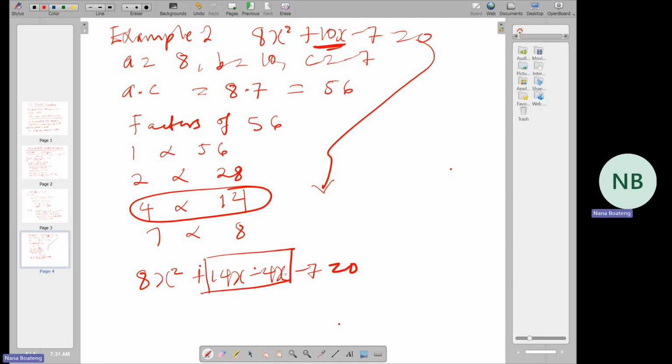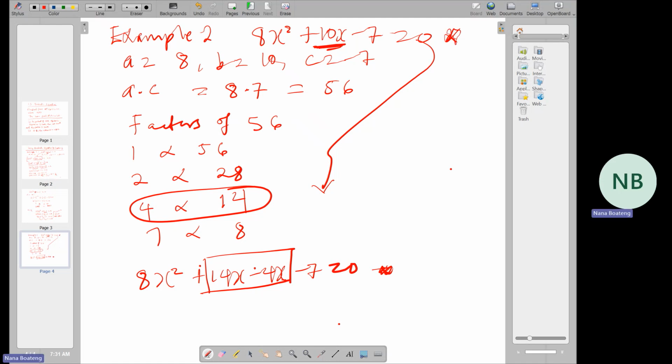And this equation here is the same as what we started off with. 10x is the same as 14x minus 4x.